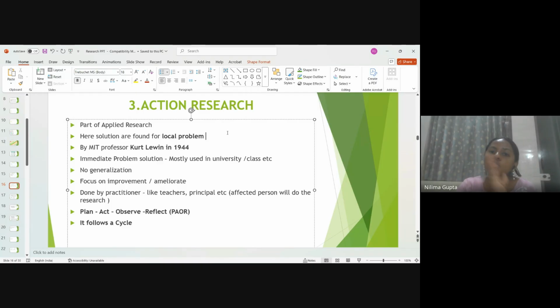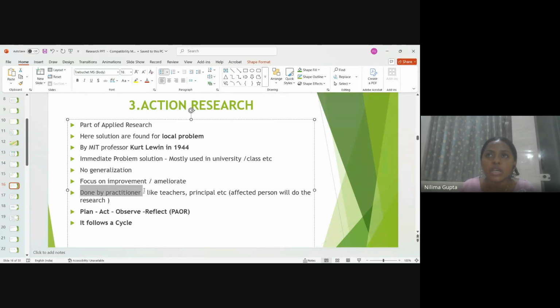Now, when I talk about applied research, it can be used by any researcher, students, anybody can use applied research and carry out research and come out with certain generalizations, scientists or anybody. Action research is mostly used by practitioners.